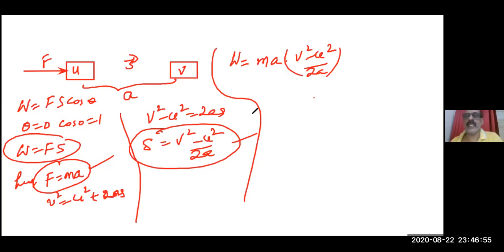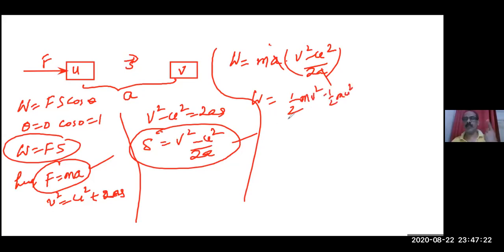Some mistake we are making, one minute. Cancelled here. Then W is equal to half mv squared minus half mu squared.